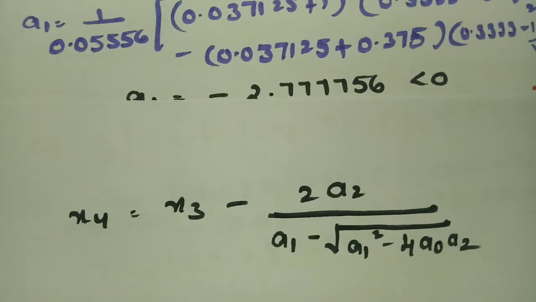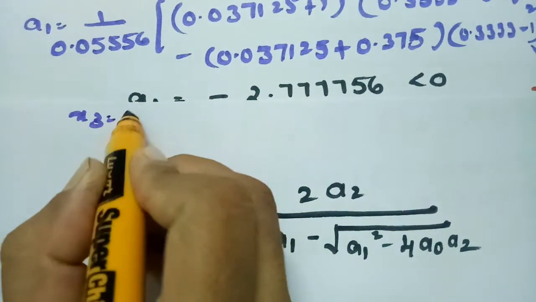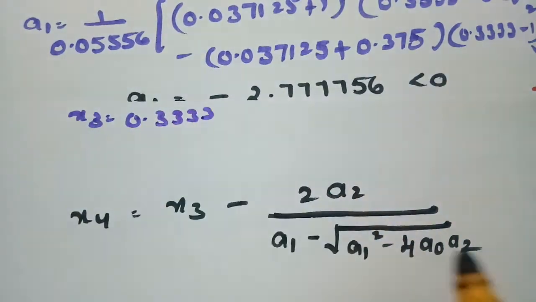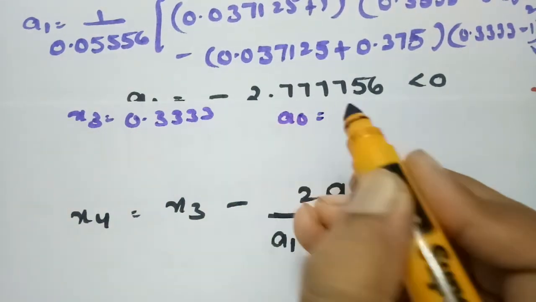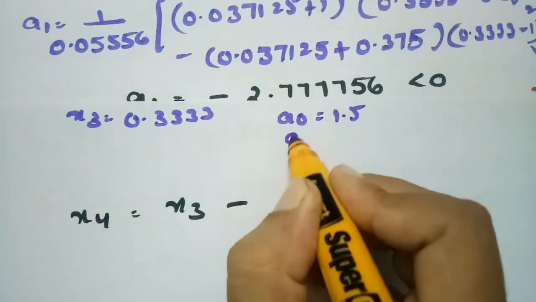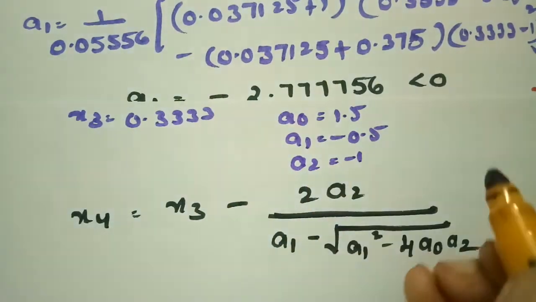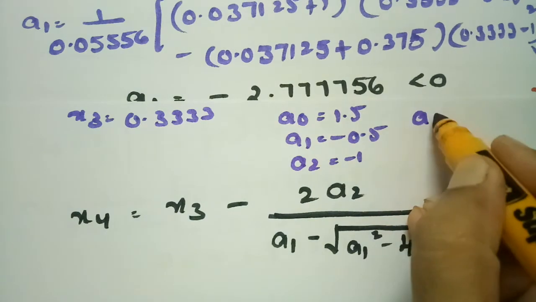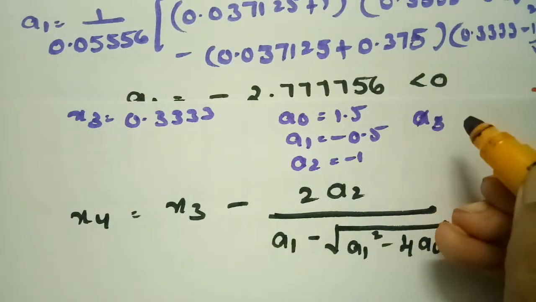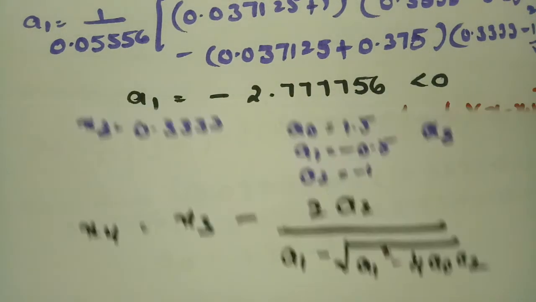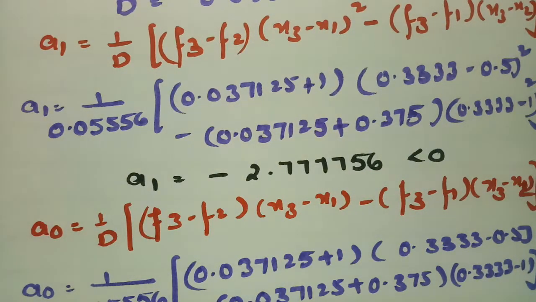So what is X3 value? X3 value is nothing but 0.3333, and A0, A1, A2 are needed.